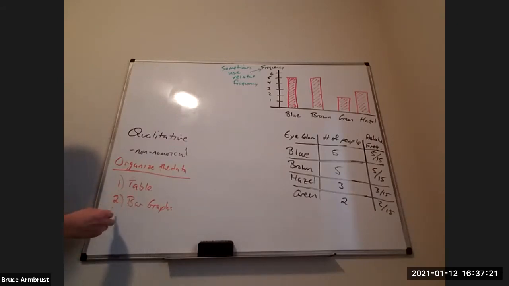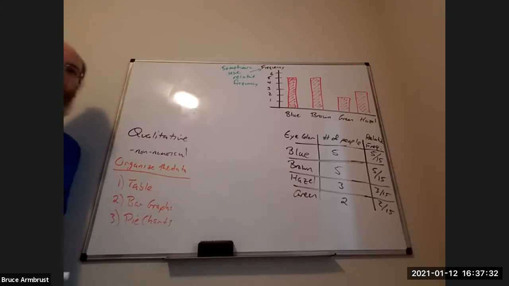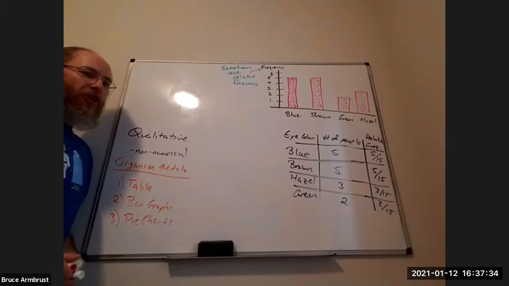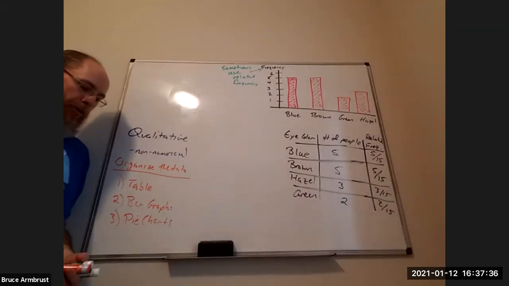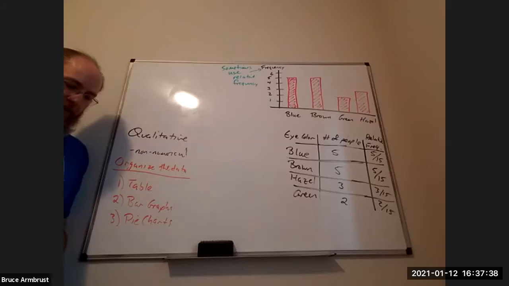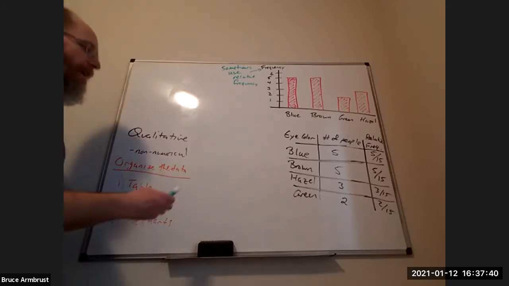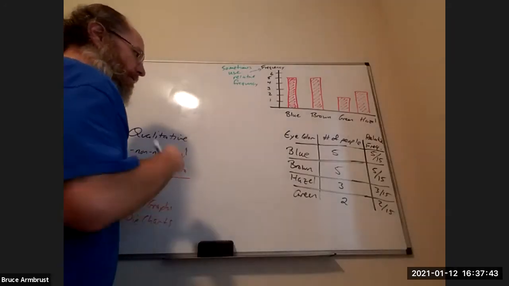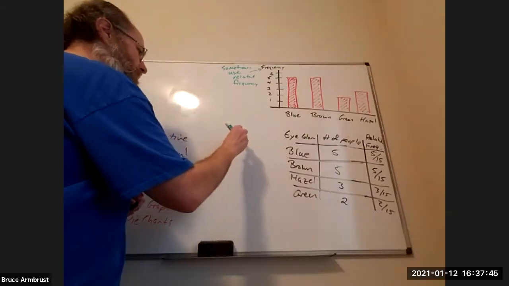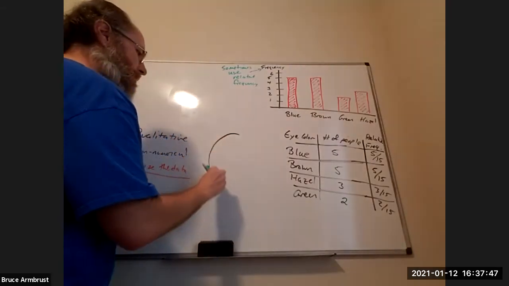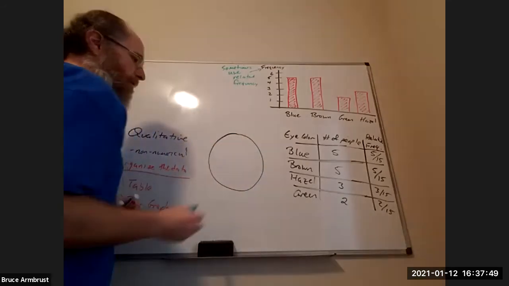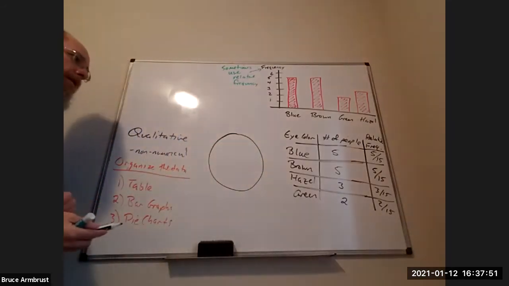And then the third one that we tend to use a lot are good old pie charts. And I bet you've seen these before. You may not know them by this name. But a pie chart is done by creating a circle. Pretend that that's a circle.